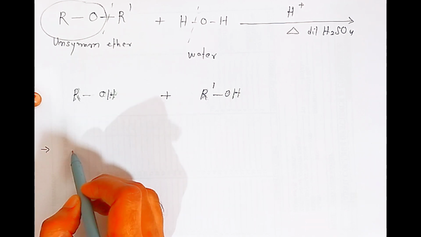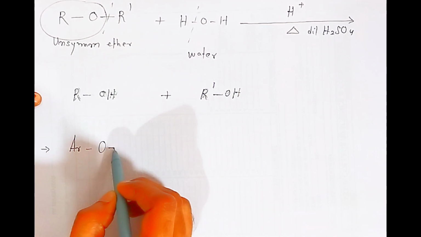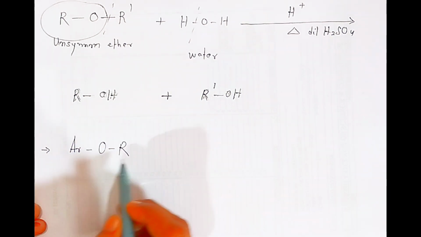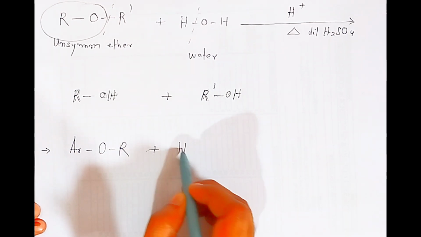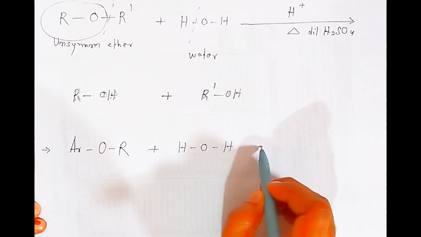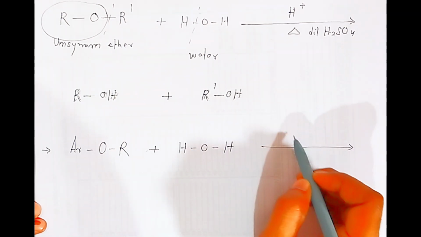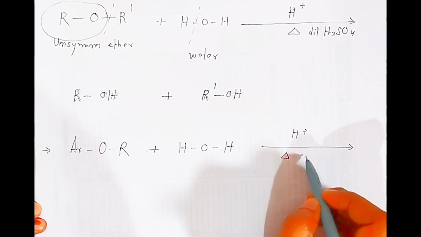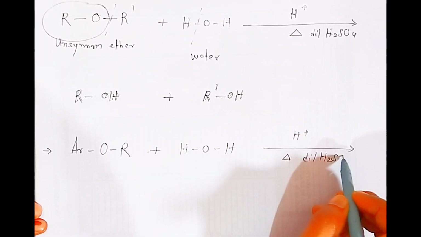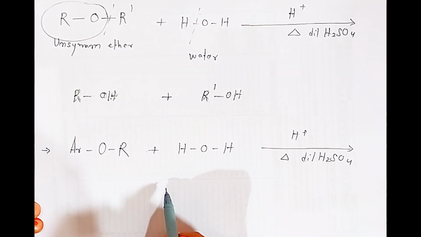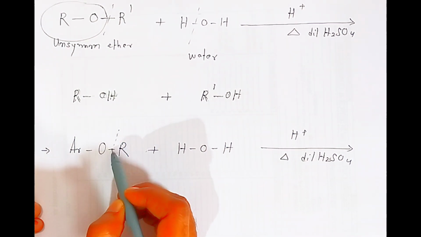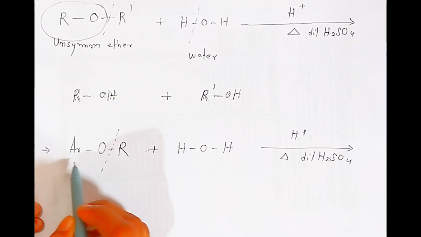Similarly, you can also use aromatic ether. Suppose you are using aromatic ether, this is aromatic ether, students. Now react with water molecules. This water molecule is acidic water, students, which you are getting from dilute H2SO4. Now here the bond between carbon and oxygen will break. Now this is phenoxide.